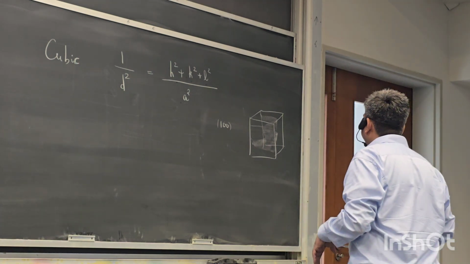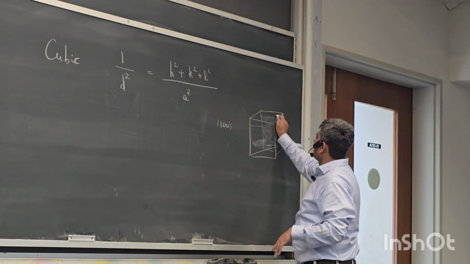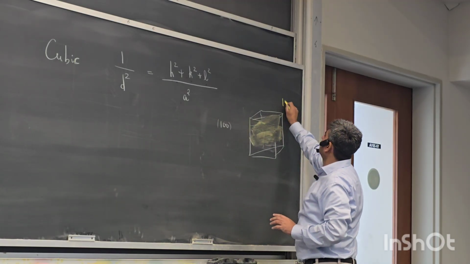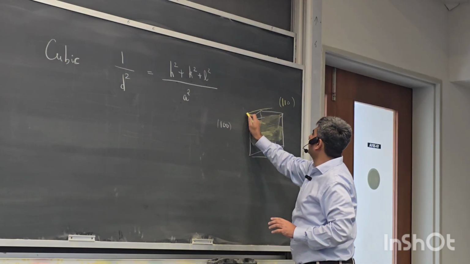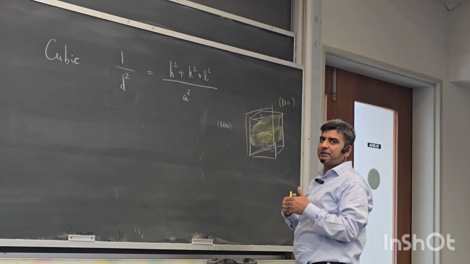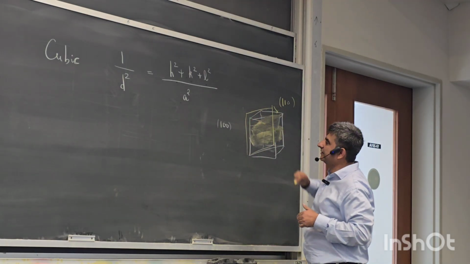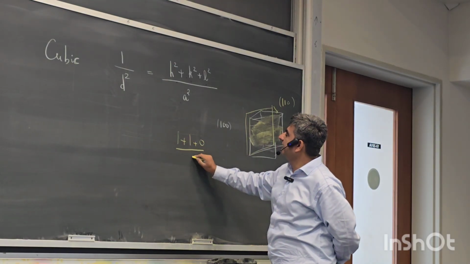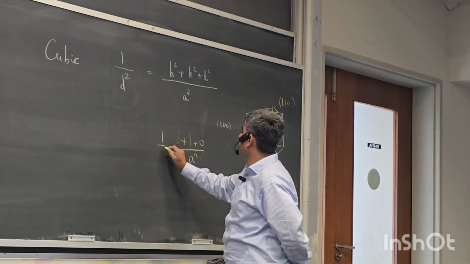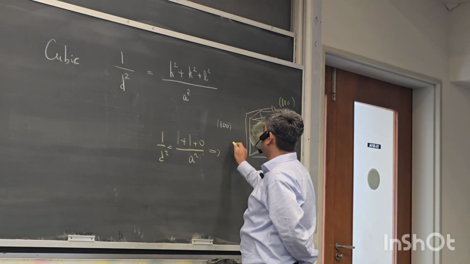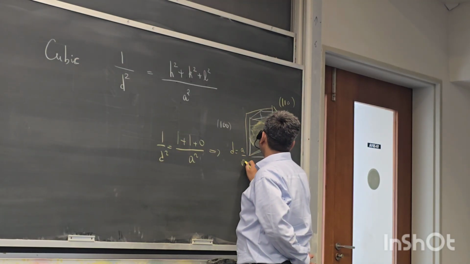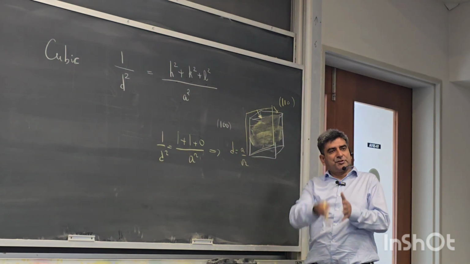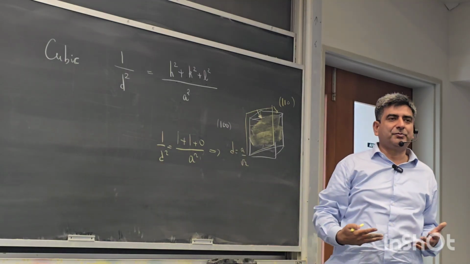If I have this plane over here, which is the 1, 1, 0 plane, and then I take the neighboring 1, 1, 0 plane, the distance between these planes is going to be, 1 over d square equals 1 plus 1 plus 0 over a square, and this means that d equals a over root 2. This is the distance between these planes here, which are inside the cube.